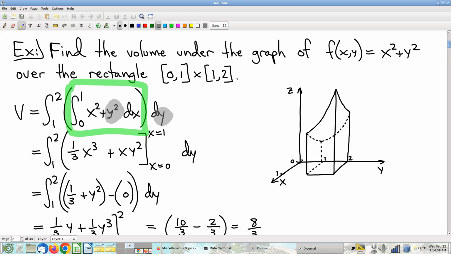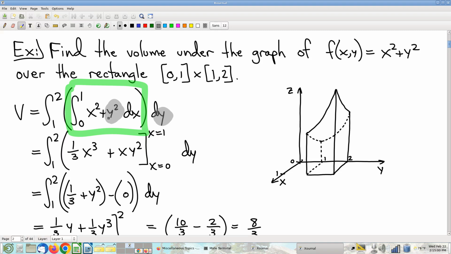And here's what messes up a lot of students. A lot of students will see the y squared and think, oh, I'm doing an antiderivative, see power rule and all that. A lot of students will think 1/3 y cubed. And it's not, because y is not a variable. Y is a constant for the purposes of this inside integral, and so I treat it as a constant.